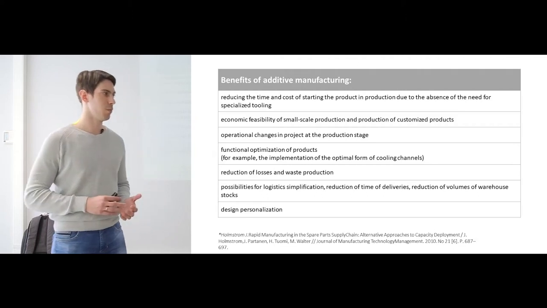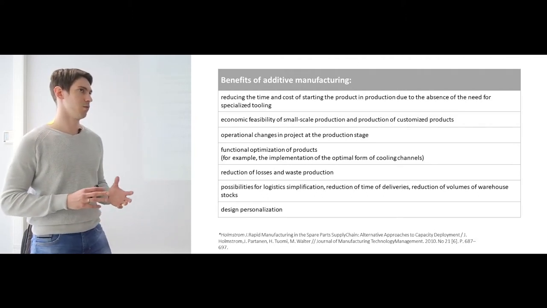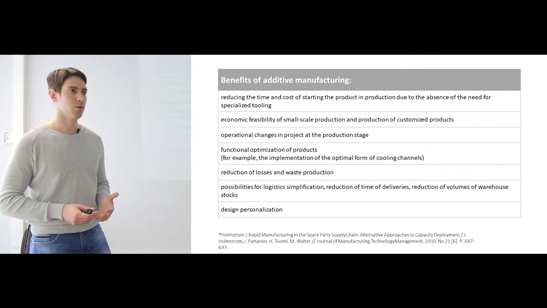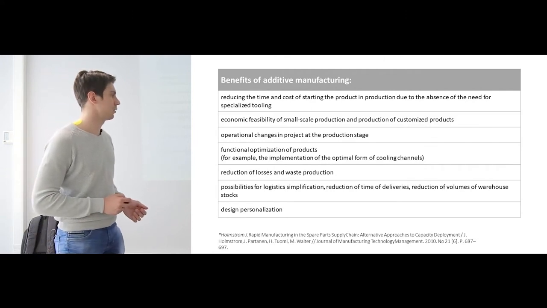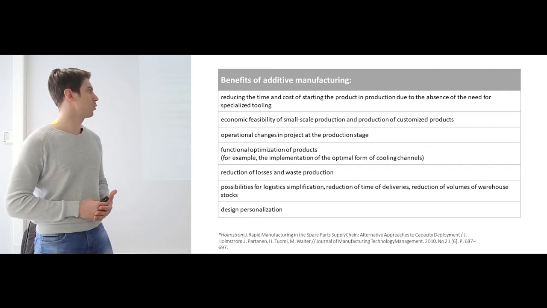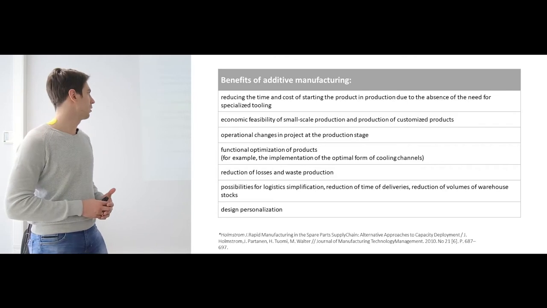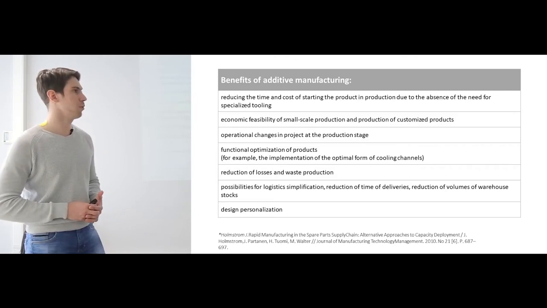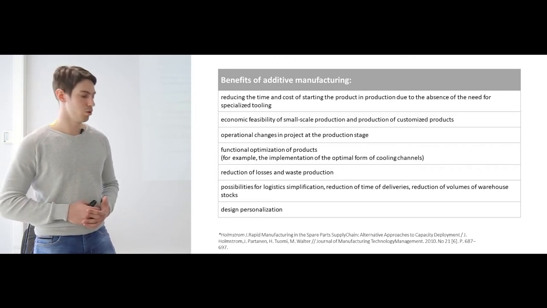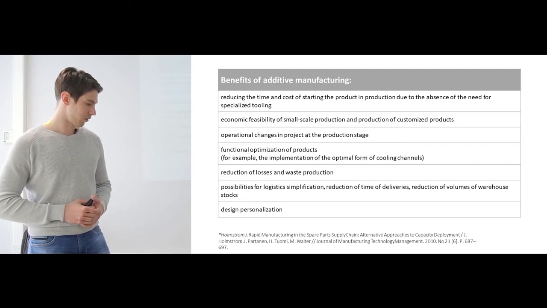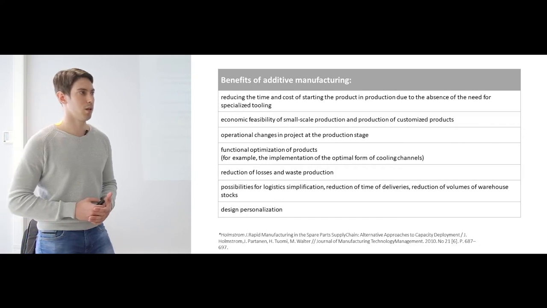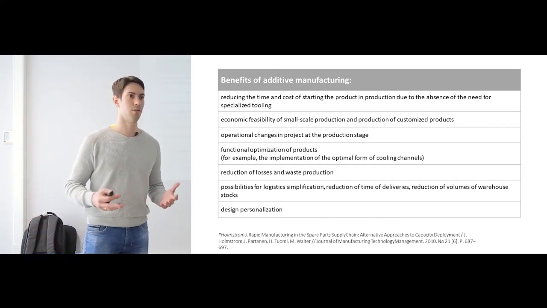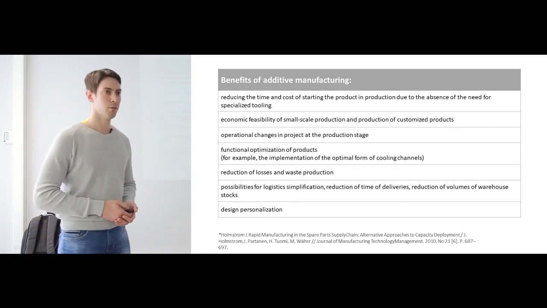You don't have to make them very simple. For example, it's very useful in production of cooling channels. And there's also a very big amount of work devoted to so-called topology optimization, when you use bio-inspired forms to optimize the mass and the strength of the parts you create.